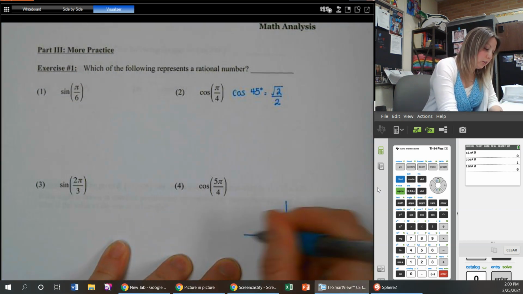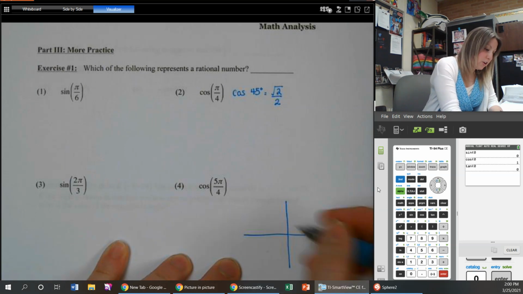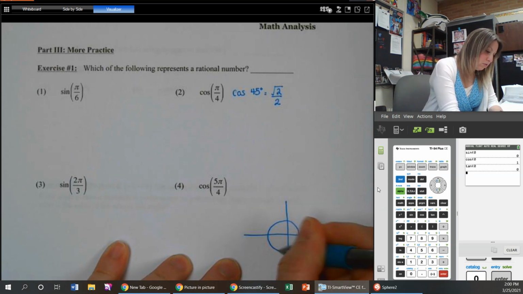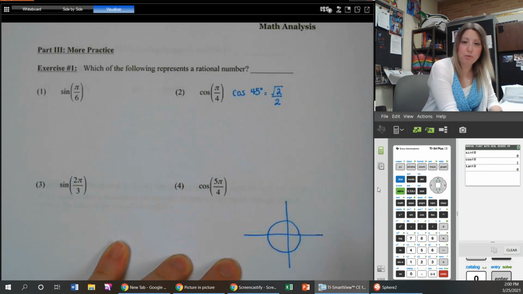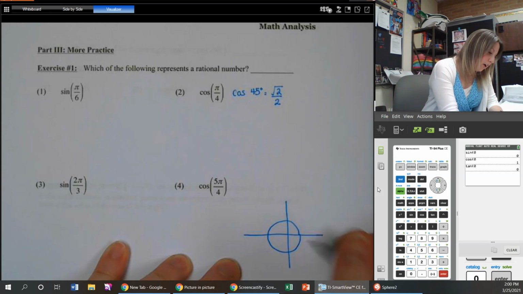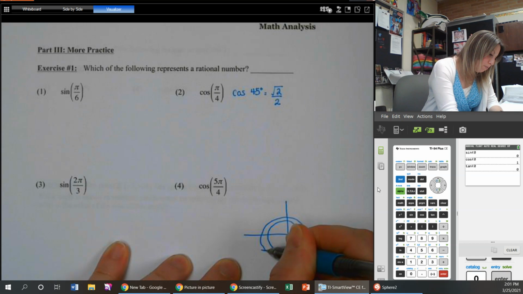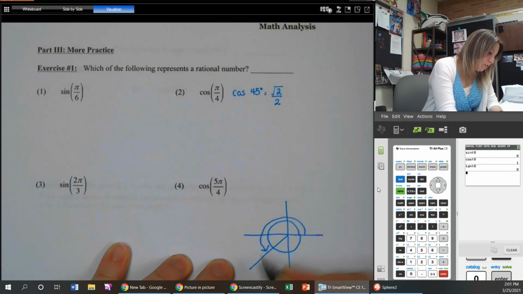A lot of times it's really good to just have this. Well, I did a crappy job of putting my center in there, right? But you can see, you're starting here and you're going to boom here, because this is pi. So this is 5 pi over 4.